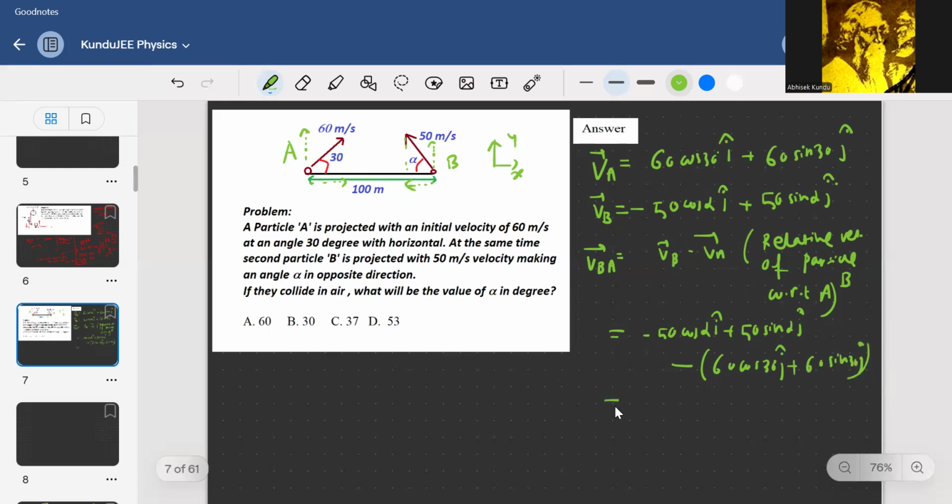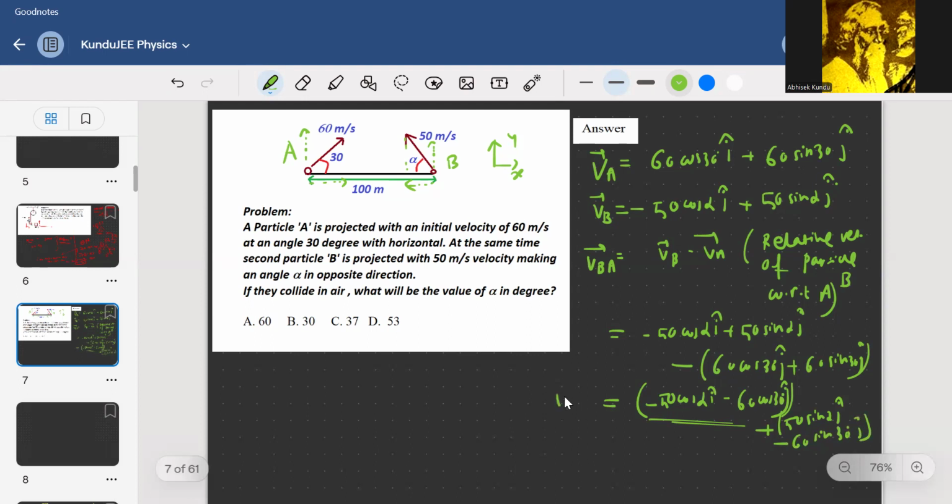So we can write minus 50 cos alpha i minus 60 cos 30 i, that is the x component, plus 50 sine alpha j minus 60 sine 30 j.